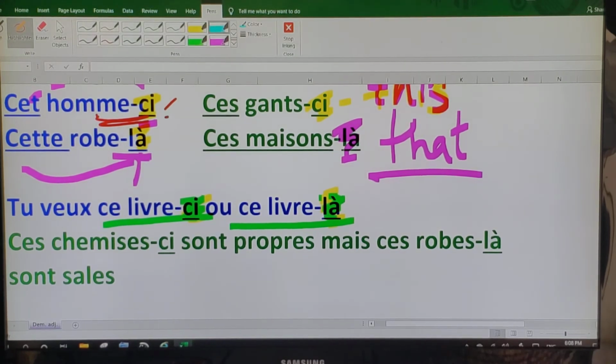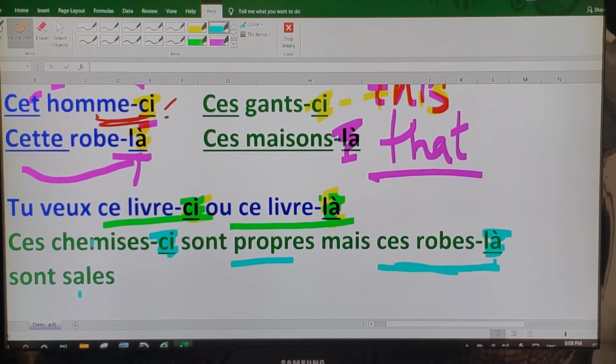And if you look at this next sentence, "Ces chemises sont propres, mais ces robes-là sont sales." It means these shirts are clean, but what is this? "Ces robes-là." Since I use the word -là, it means those dresses. Okay, so these shirts are clean, but those dresses are dirty.